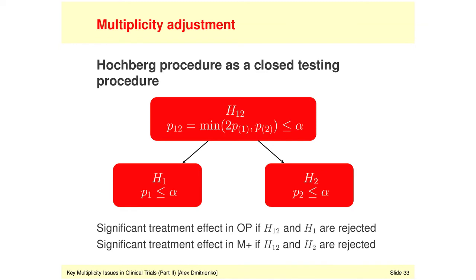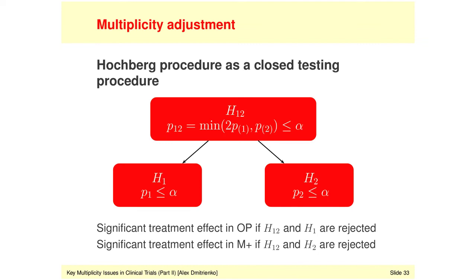We're now ready to proceed to the last step, and in the last step, we define decision rules for the null hypotheses in this multiplicity problem, and we say that to reject a null hypothesis, it is sufficient to demonstrate that all intersection hypotheses containing this particular null are rejected by their respective local tests, which means that, as I show at the bottom of the slide, we can claim a significant treatment effect in the overall population if the local tests corresponding to the intersections H12 and H1 are significant, or in other words, if those intersection hypotheses are rejected.